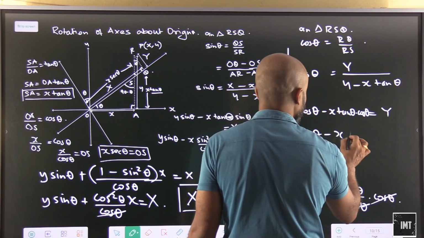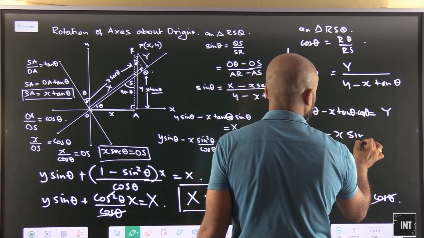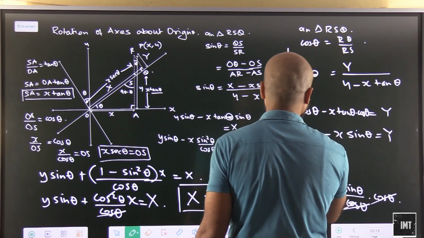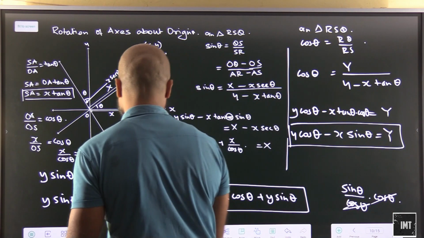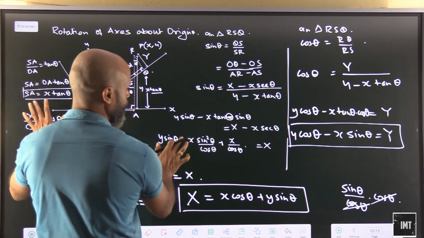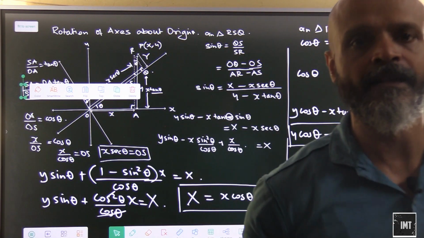So this gets cancelled. So this will be x sin theta. So y will have a value of y cos theta minus x sin theta. This is a very important derivation that we have basically done.